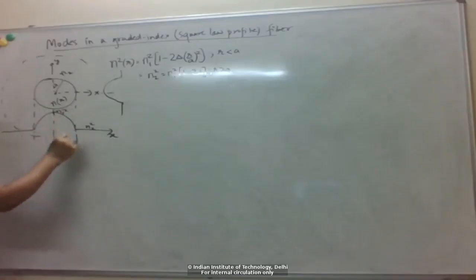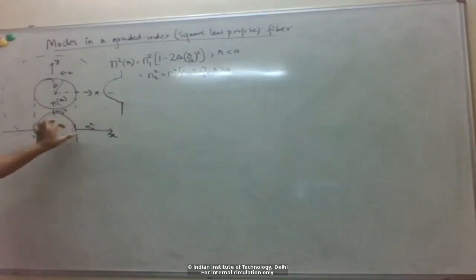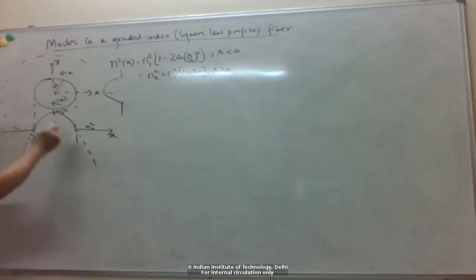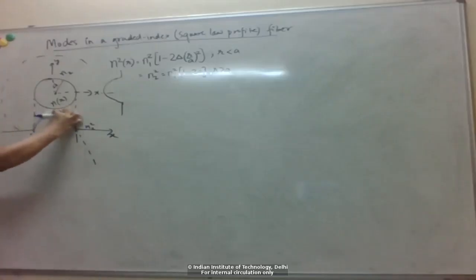Right, so again, if you want to solve for this profile exactly, then we have to solve for the mode inside and outside and then use boundary conditions, right? So that becomes a bit complicated. What we can instead do is assume that this profile extends forever, which is of course not physical, but the approximation works well for well-confined modes whose effective index is close to n1 and away from n2.